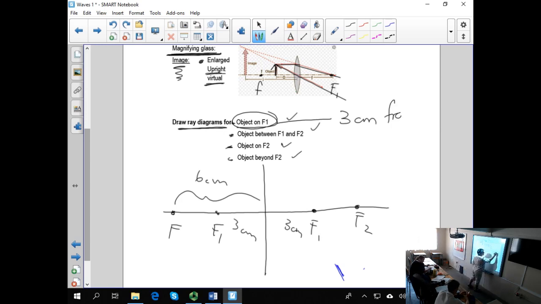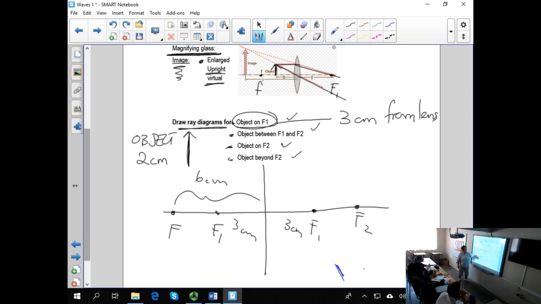Draw the object as an arrow 2 centimeters high.